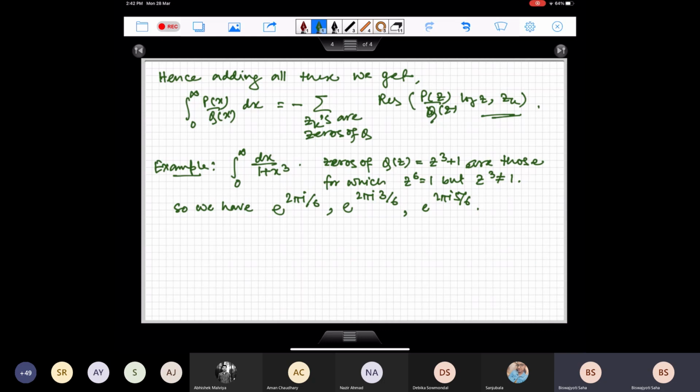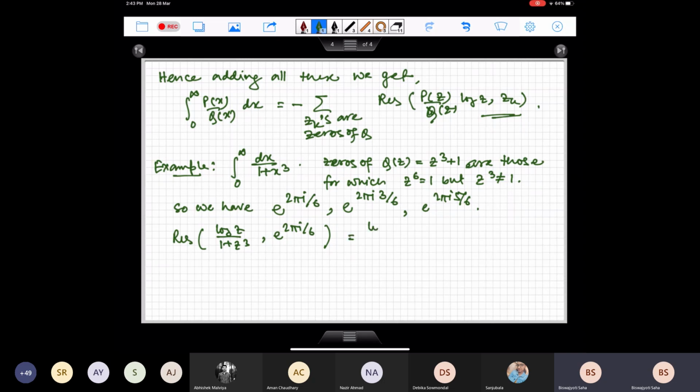So what do I have to calculate? We need to calculate the residue of log z divided by 1 plus z cubed at the point e to the power 2 pi i by 6. We have seen that all these are simple zeros, so whenever the pole is a simple pole, the residue is nothing but a of alpha divided by b prime of alpha.